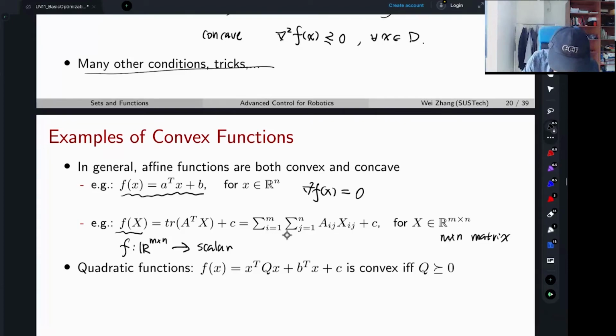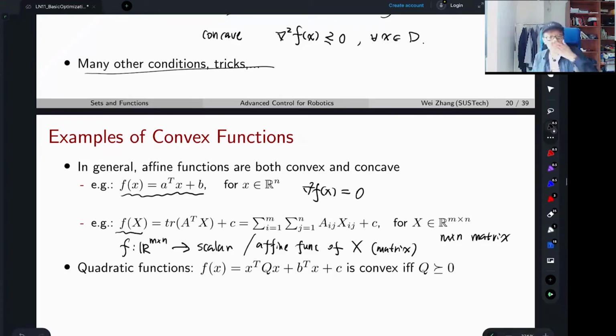If you write down the element-wise expression, you can see that it's nothing but a linear affine function of its elements. So this is also an affine function of X, which is a matrix variable.